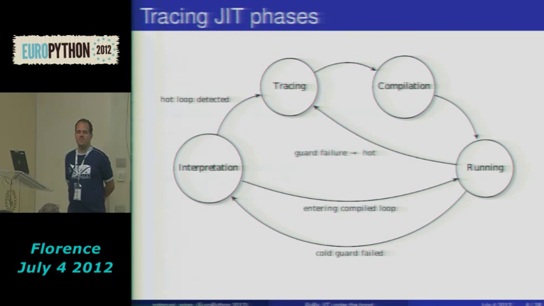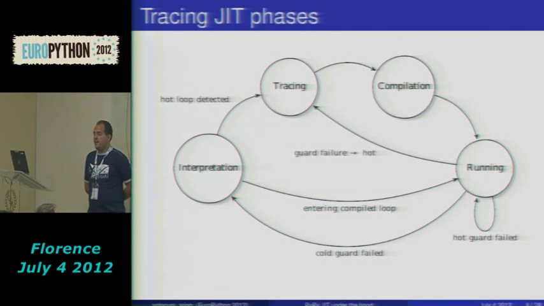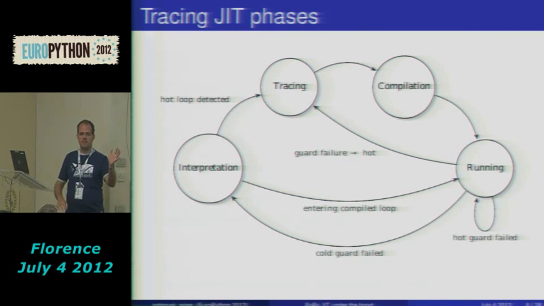So we go back into tracing mode only for this new code path. Then we go to compilation and running again. And then next time this particular guard fails, we can just stay inside the running phase. So after a while, you start with a program which is completely interpreted, and you compile one piece after the other, and you get, hopefully, some assembler code which covers all your most common cases.